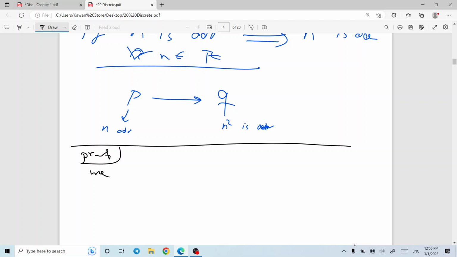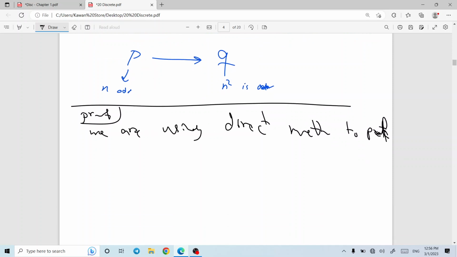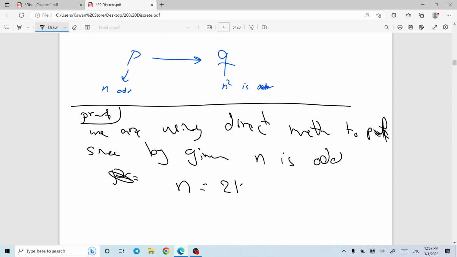We are using the direct method to prove. Since by given p, n is odd, so n equals 2k plus 1 for some k.